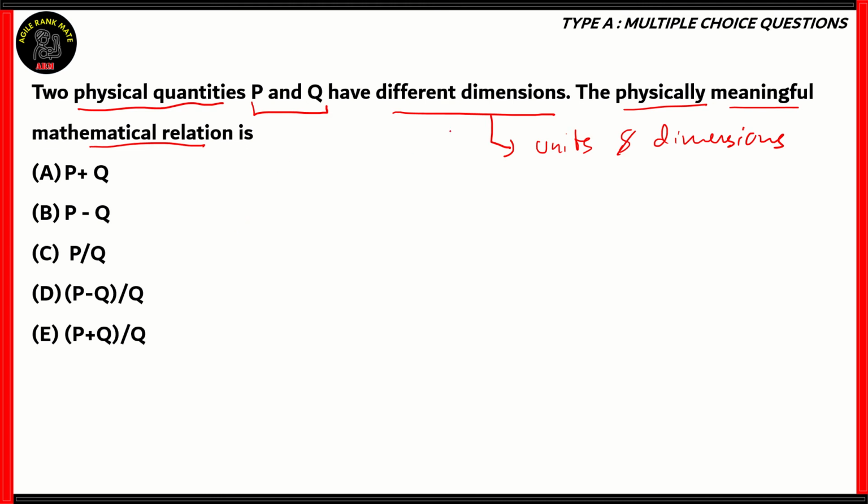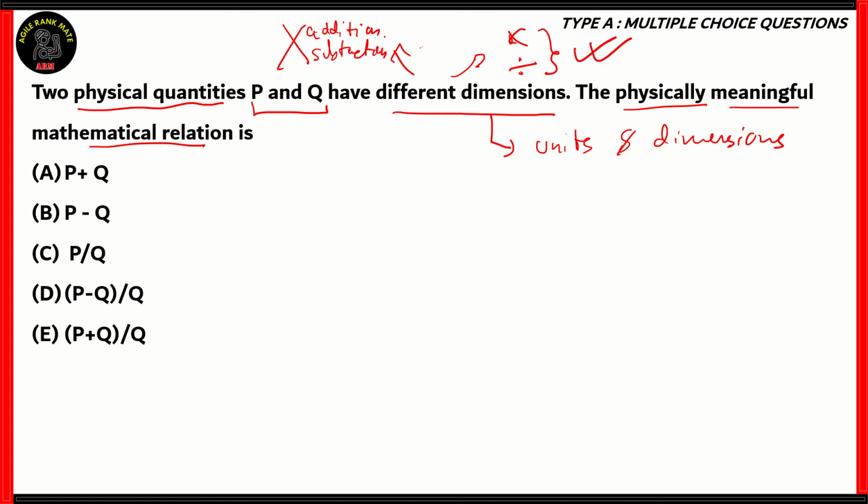Now, when something has different dimensions, that means operations such as addition and subtraction are incorrect. Whereas if you try multiplication or division, these operations can be done.